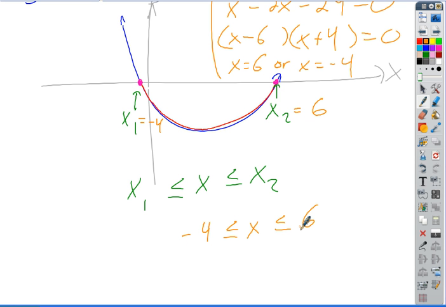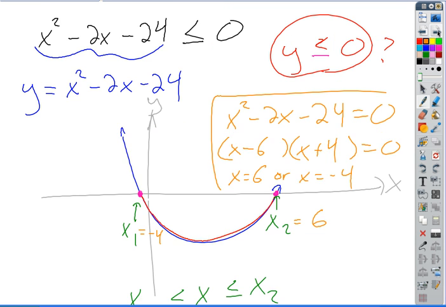Okay? Let's try another one of those. That first time through, I know there's a lot of stuff going on, but once you see one, we just go through one like you would in the problem set. It's not that much stuff. Okay, let's try this one.